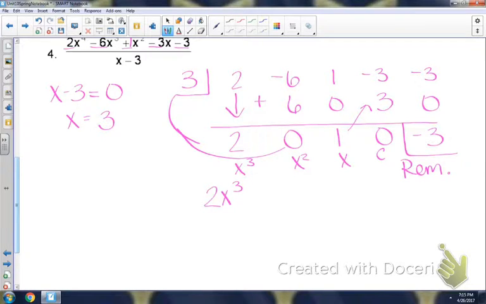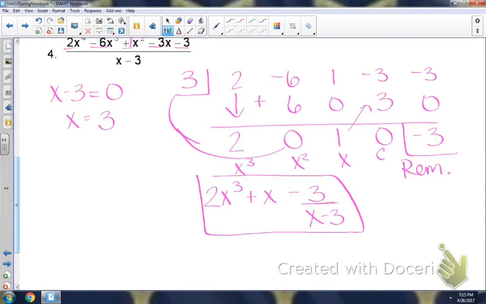We don't need to write that. If it's a 0, we don't write that. It's gone. So then we have a plus 1x. We don't have a constant, but we do have a remainder. Negative 3 out of your original, which is x minus 3. So there would be your answer.